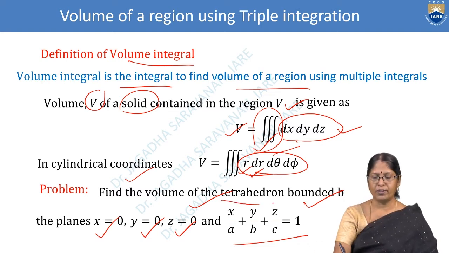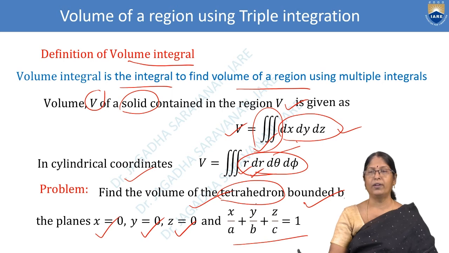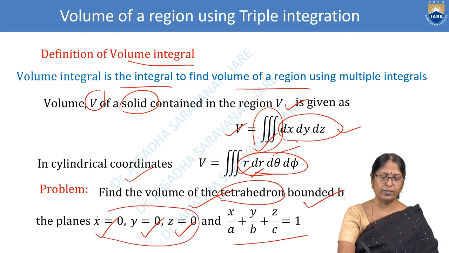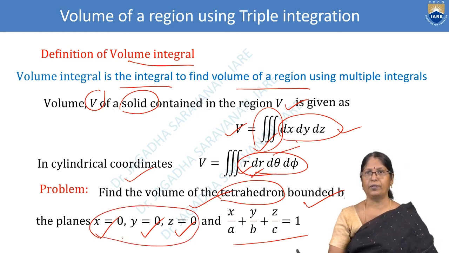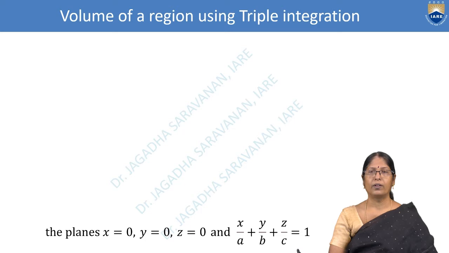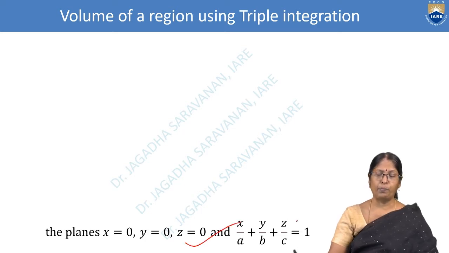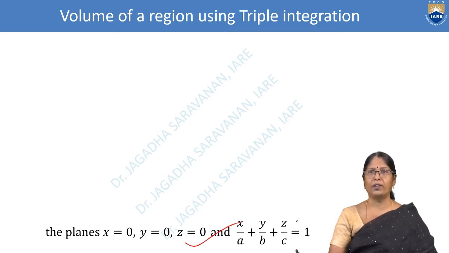The question gives a tetrahedron, which means it has four planes, and the faces are in triangular shape. So we are going to find the volume of the geometrical figure satisfying these plane conditions.